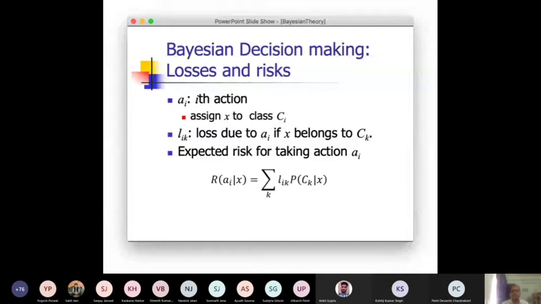So this is the kind of expression, as I was mentioning. Say this is the weight, right?